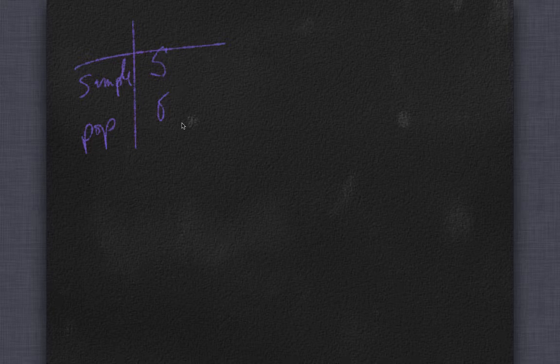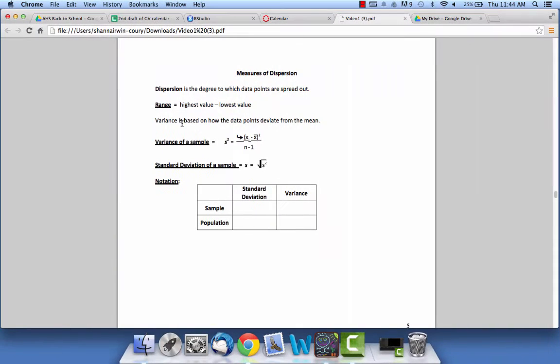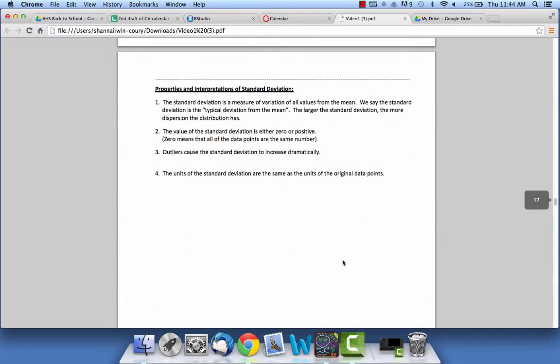So I told you before, the population gets the Greek letters and the sample gets the ordinary letters. So the variance is S squared, sigma squared. I'm just giving you a second to read that one.